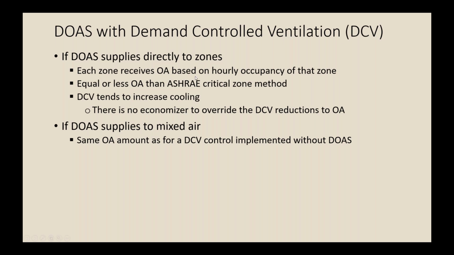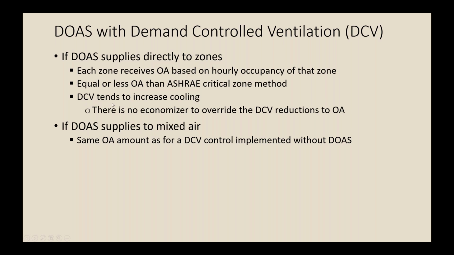In the model, that's based on the hourly schedule of occupancy of that zone. And it's going to give equal or less outside air to what you would get as a requirement using the ASHRAE critical zone method. That's something I looked into and concluded when I was figuring out how this all works.